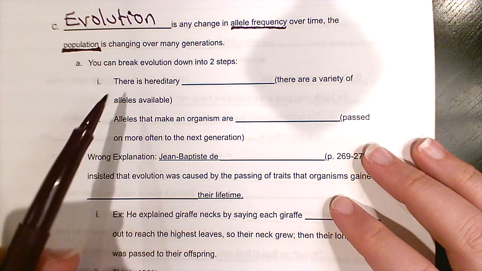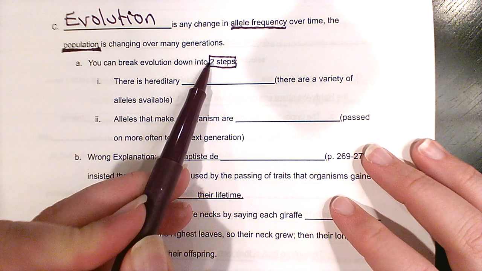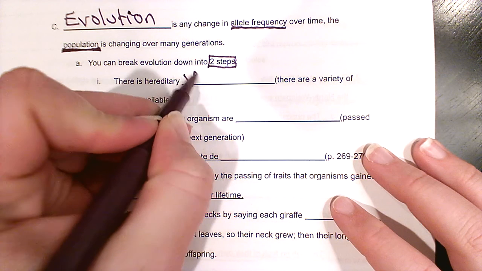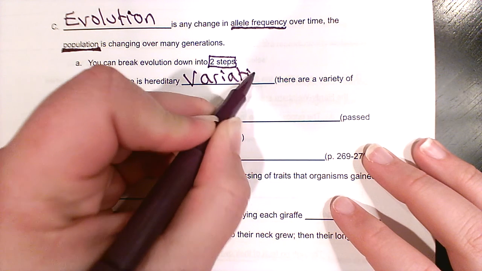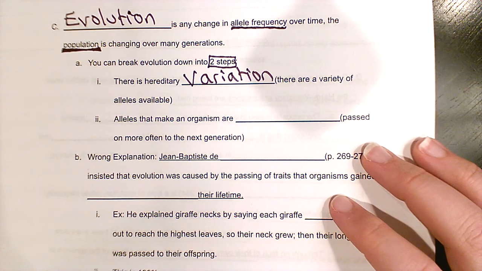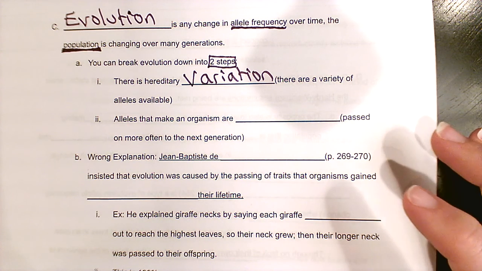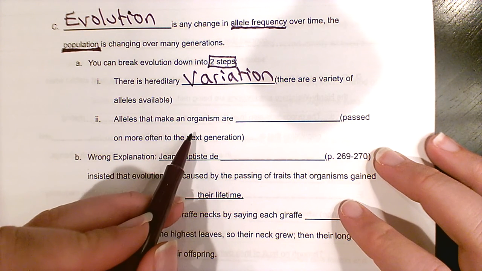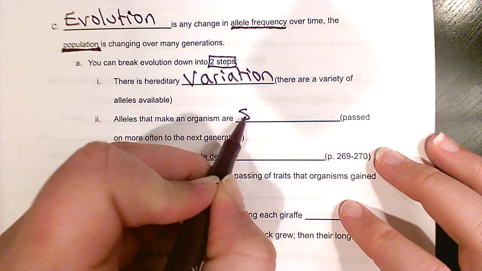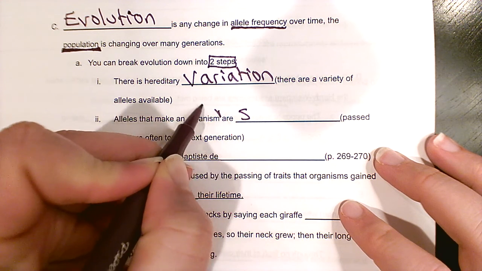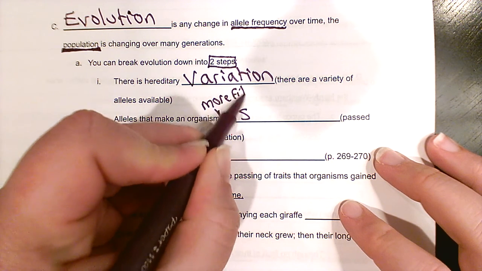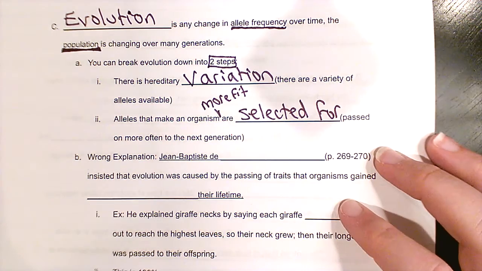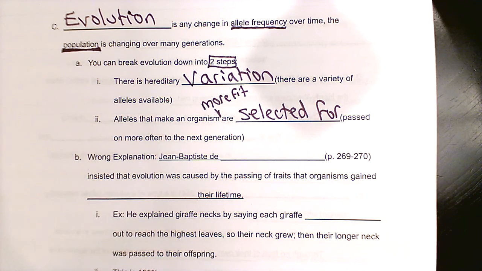There are two major steps to evolution. This is one part that I kind of simplified. Step 1, there is hereditary variation. Not all members of a population are the same. Step 2, alleles that make an organism more fit are selected for, aka passed on more often to the next generation.